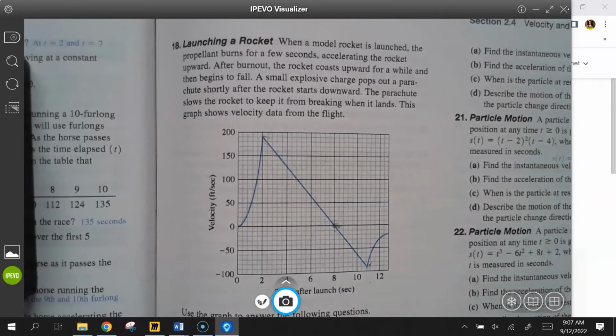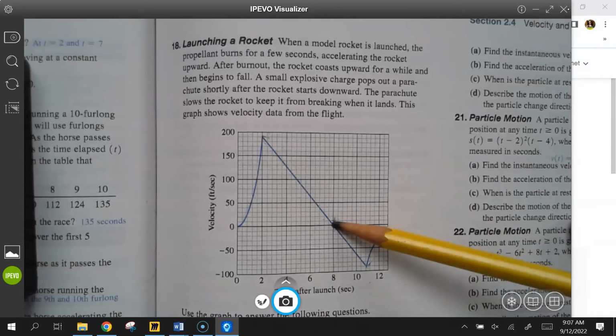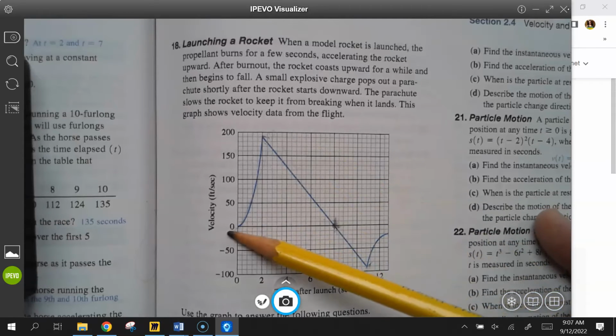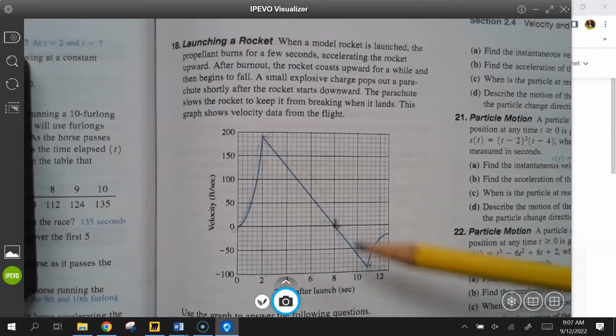How about, how long did the rocket fall before the parachute opened? About 3 seconds. That's exactly right. Remember, this is where I start falling. Up, up, up, up, up until I get here because velocity is positive. I know that this is confusing because I'm up and down, but you have to remember this is not position, this is velocity.